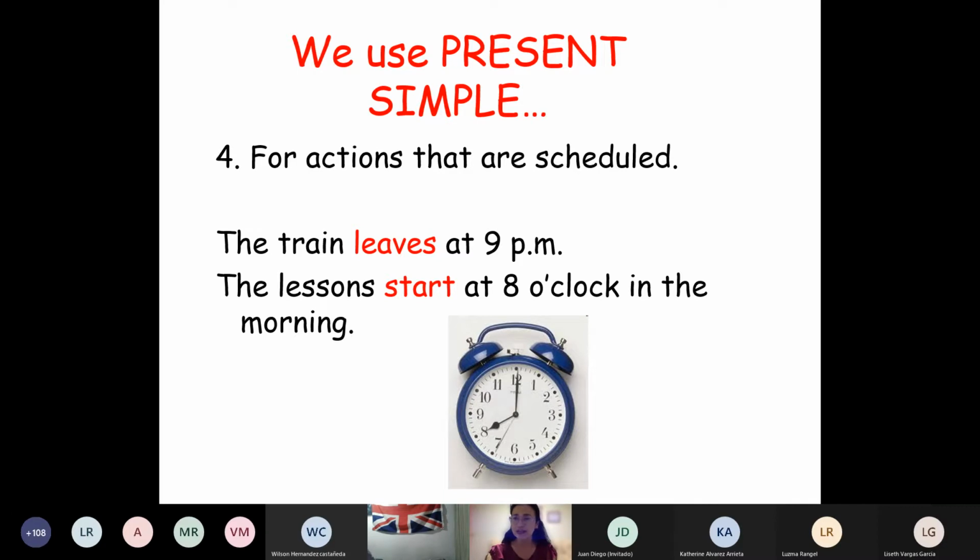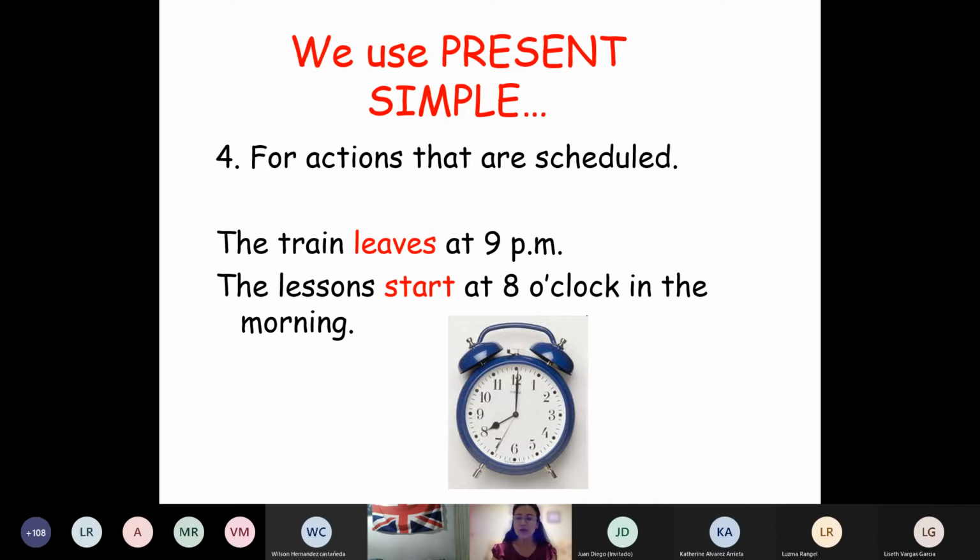For example, you can say, I work from 8 p.m. to 12 a.m. And then I have breakfast from 12:30 to 1:30. And I start work again from 2 to 6 p.m. Those are schedules, no? Schedules are also used in order to express the present simple tense.